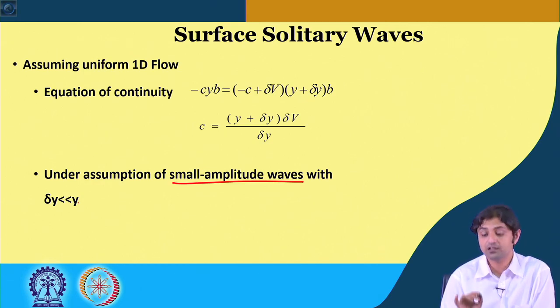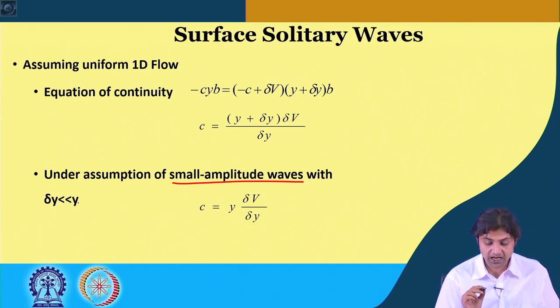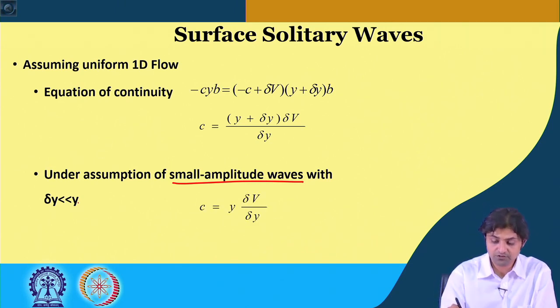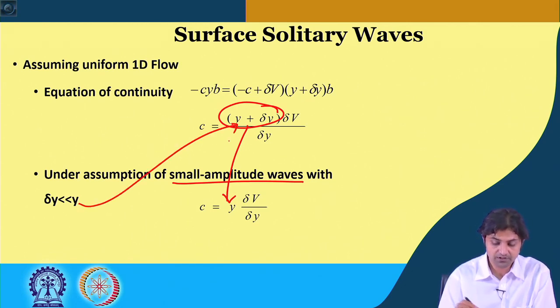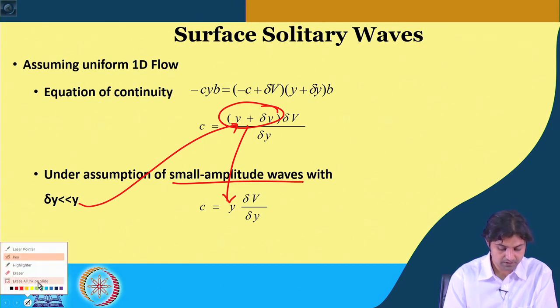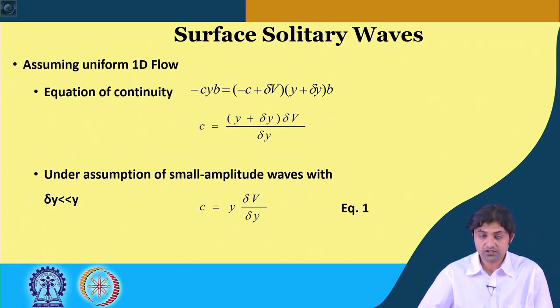This is an assumption in all of wave mechanics, or wave theory. If we assume that, then y plus delta y simply remains y. So, C is equal to y into delta v by delta y, because here we have applied this theory. That is called equation number 1.